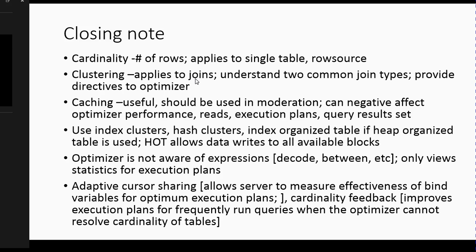And also, what I was saying earlier, basically the optimizer is not aware of everything that's going on. Not anything, but the things that you would think the optimizer is actually reading, it's not. If you look at the expressions, the optimizer is not reading those. It only looks at the statistics, right? So the more clarity you have in the statistics, the better your execution plans are going to be. That's why I started out with which method to use.